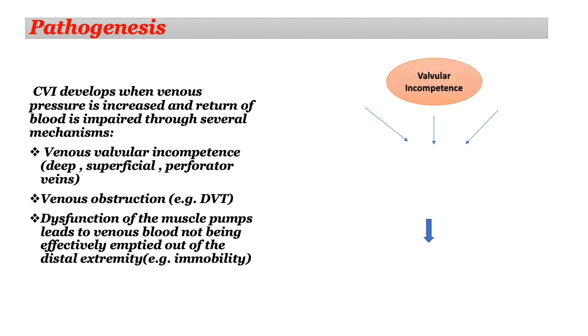First, venous valvular incompetence in the deep, superficial, or perforator veins. Second, venous obstruction. That is to say, obstruction in the deep venous system, for example, DVT.